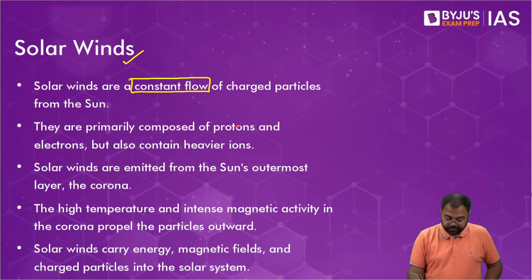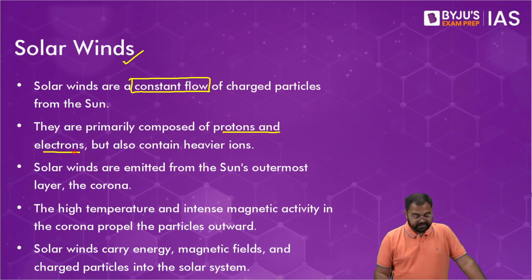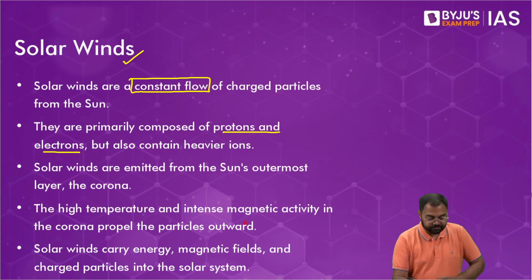So they are also basically composed of protons and electrons, but at the same time they will be caused because of magnetic particles. So they are magnetic winds.